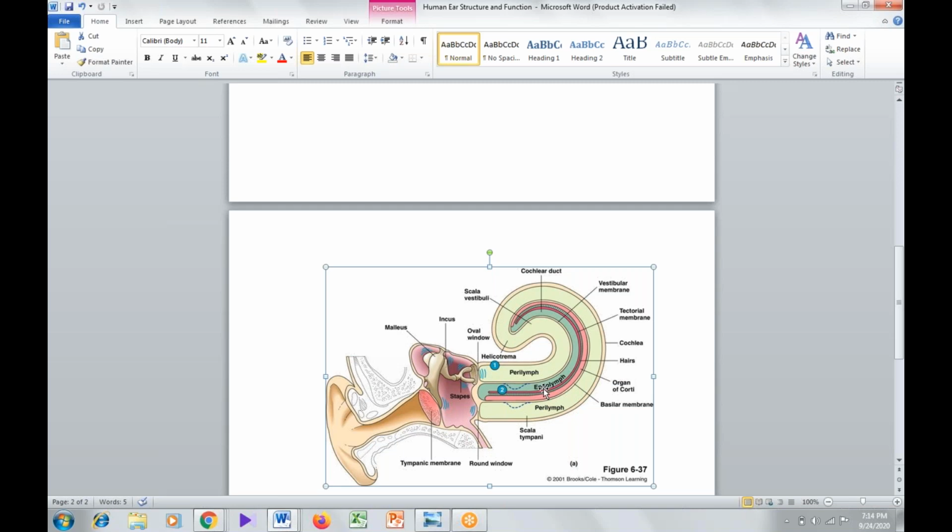When you move your head to one side, the fluid in one canal moves, so the cilia of that particular canal move. Then the brain realizes that the head is toward the left side.